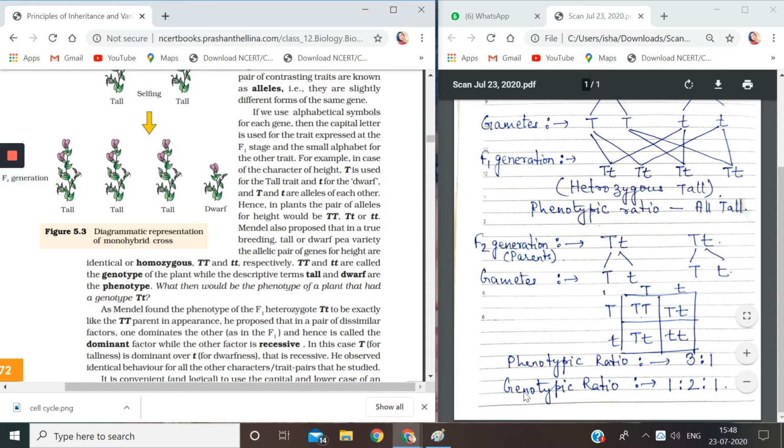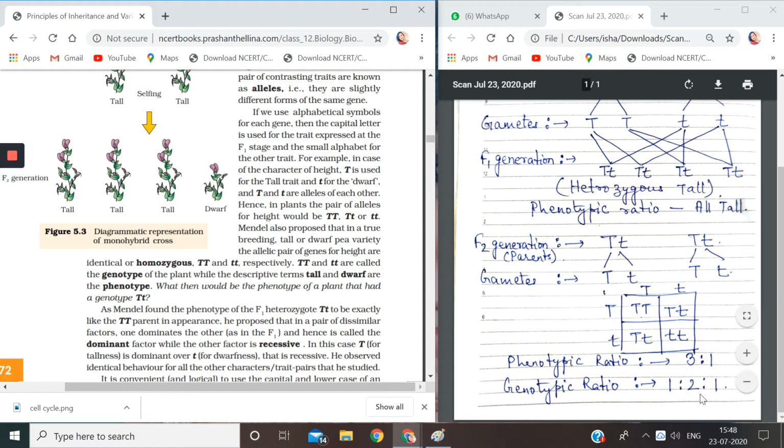But when I am looking at the genotypic ratio, that means when I am pointing to the genotype, then I will see the genes present in them. One plant which is tall contains both capital T, so I wrote 1 for that. But two plants, they are also tall, but their genotype is different: one capital T and one small t.